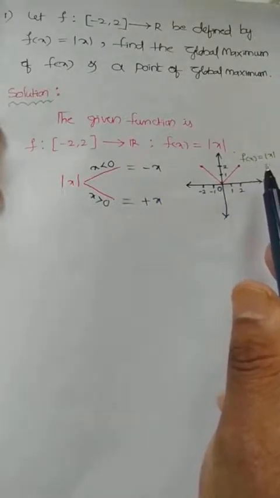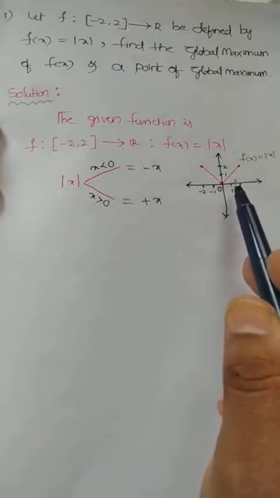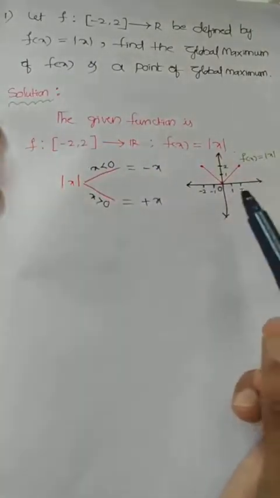Now observe the graph of the function f of x is equal to mod x in the closed interval minus 2 to 2.